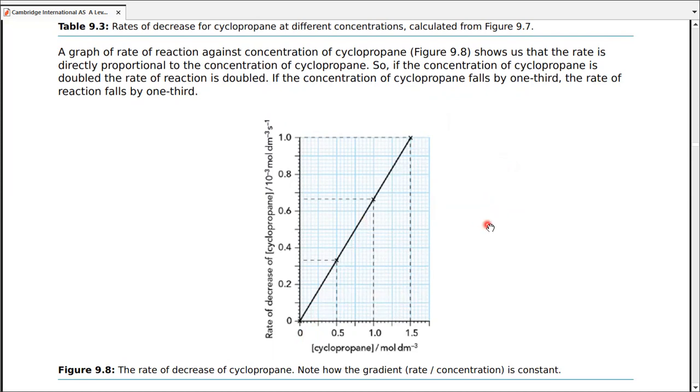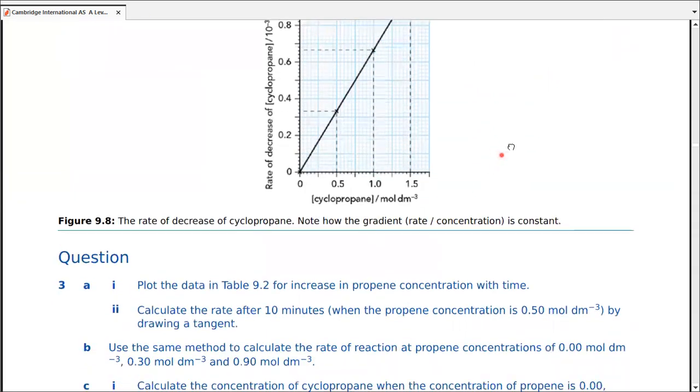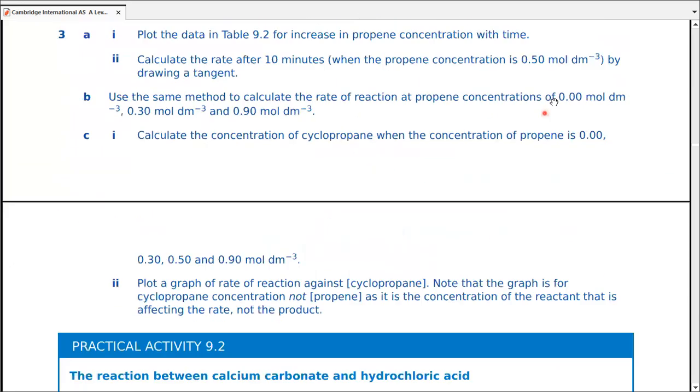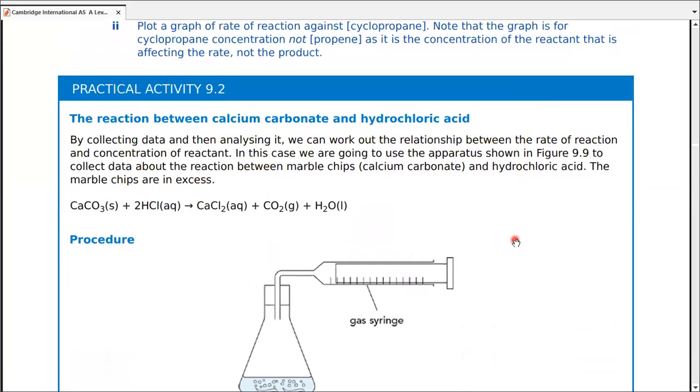This shows how the gradient, rate over concentration, is constant, because the answers to the gradient are going to be constant. That's actually the reason we divide. This line right here for figure 9.8 gives us the idea why we do that. Make sense?